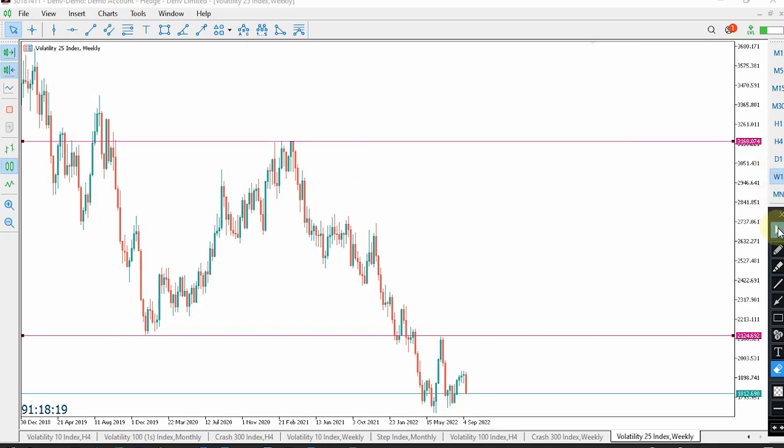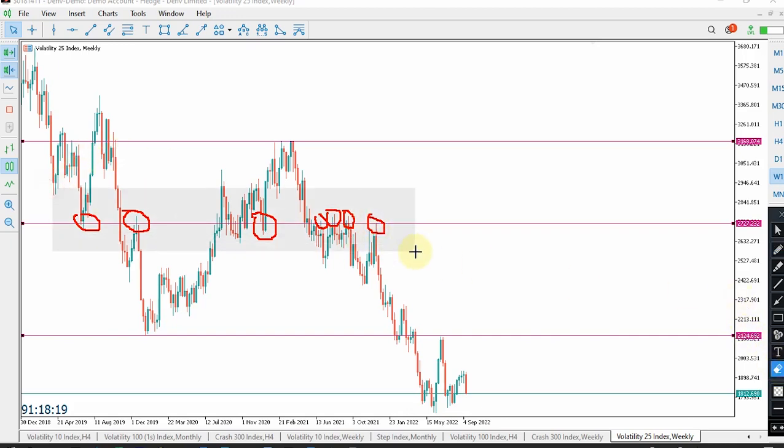We go again. Can we find something here? Yes, we can. You see this, despite going below and coming right above it, this can be referred to as a fake out. Can you see this? So that is a valid S&R.